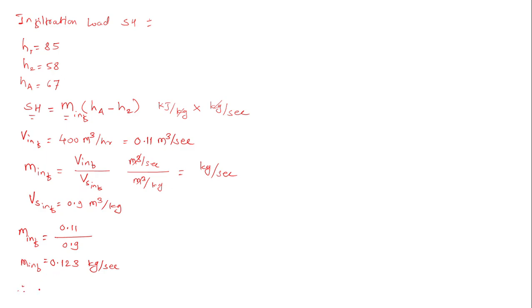So hence I can calculate the sensible heat due to infiltration, which is equal to mass of infiltrated air, 0.123, into the enthalpy difference, HA is 67 minus H2 is 58. The unit of this answer will be kilowatt, because this is in kg per second and this is kilojoule per kg. So finally this answer is in kilowatt.